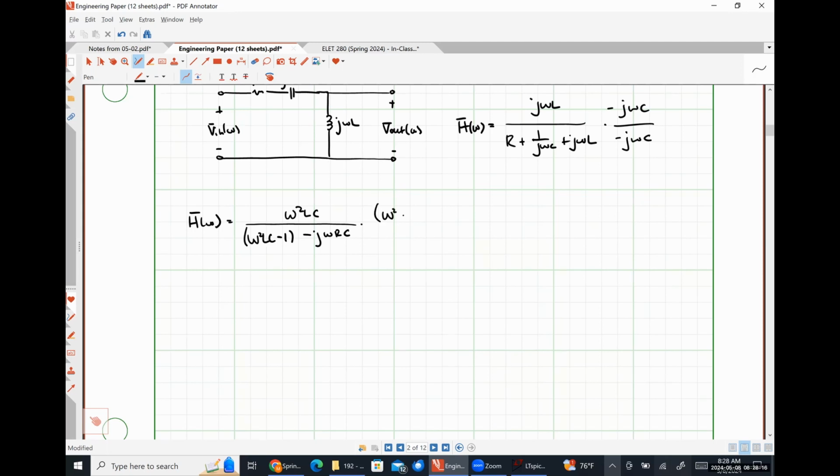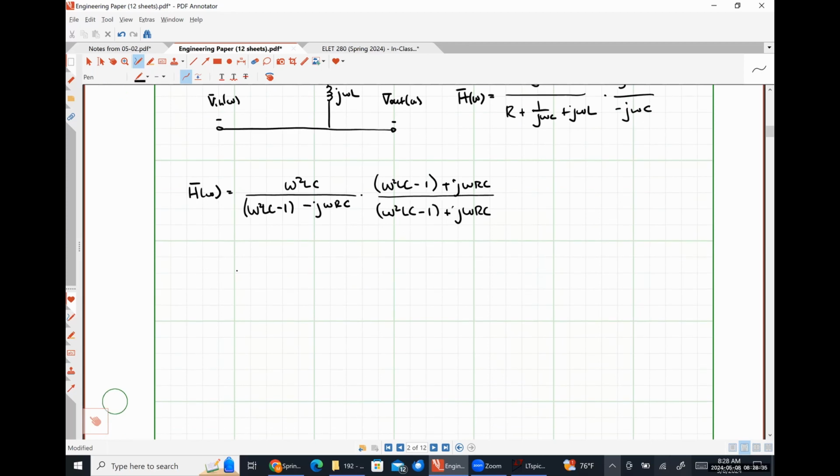So that would be omega squared LC minus 1 plus J omega RC over omega squared LC minus 1 plus J omega RC, which gives us omega squared LC times omega squared LC minus 1 as the numerator of our real part.